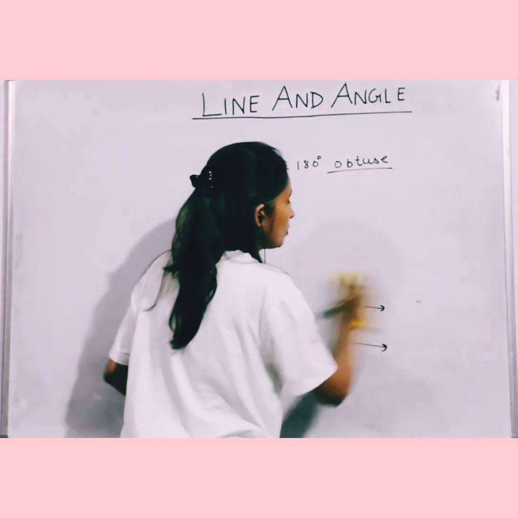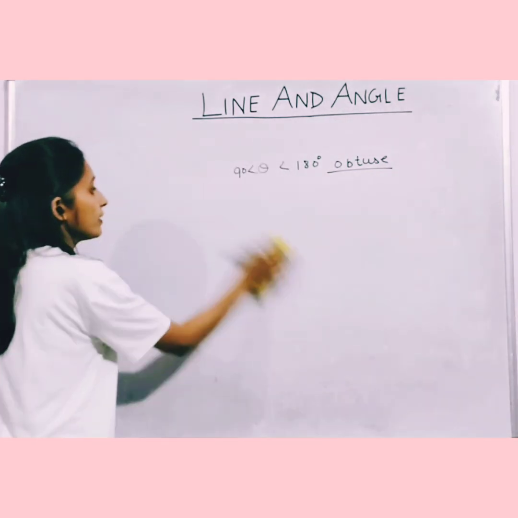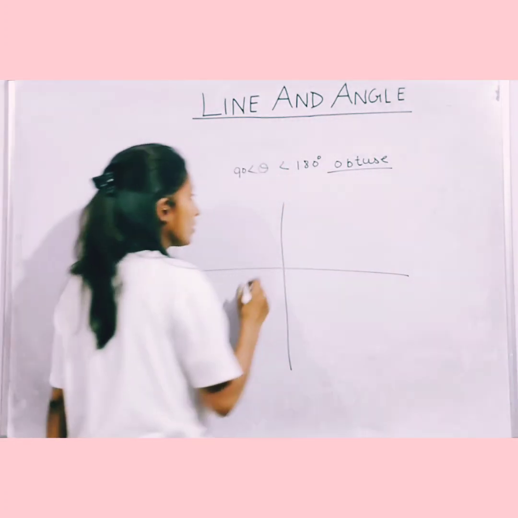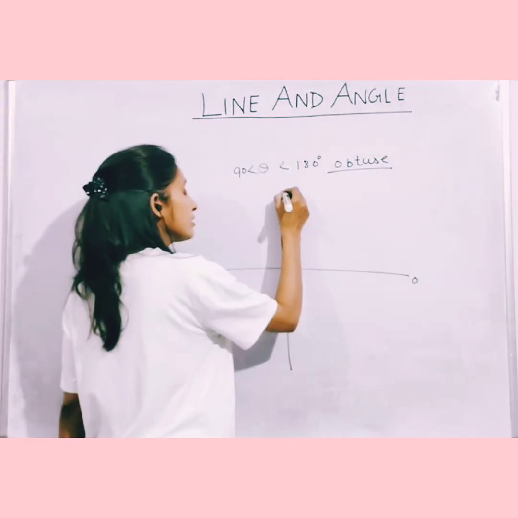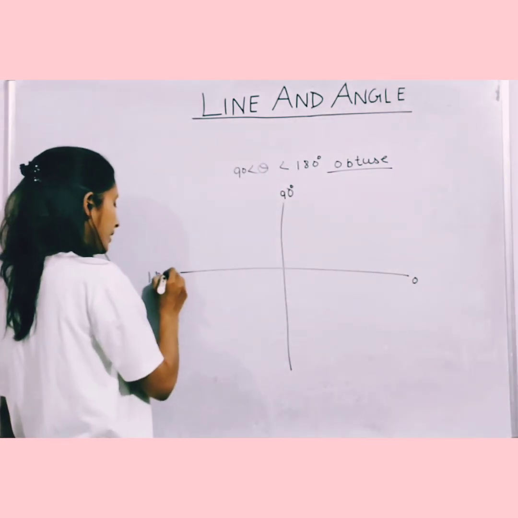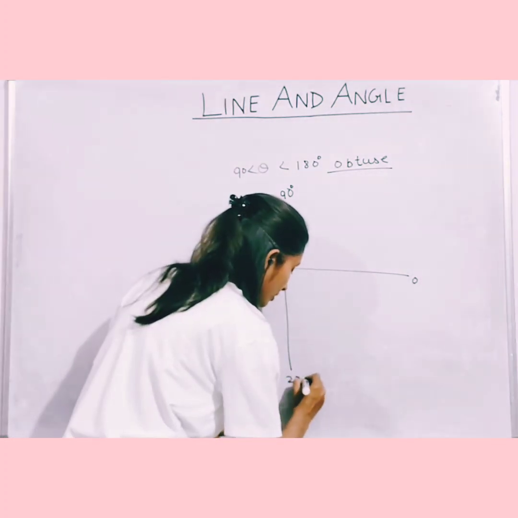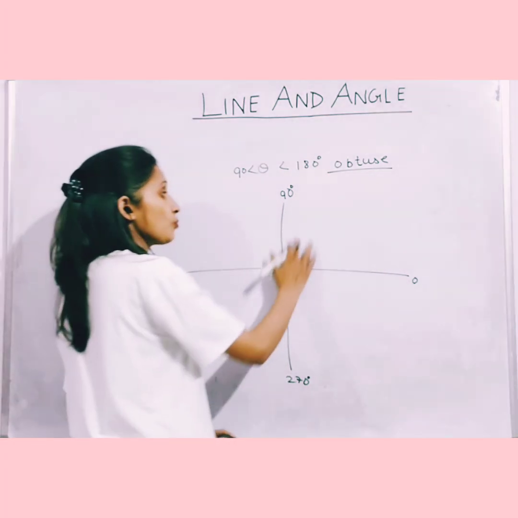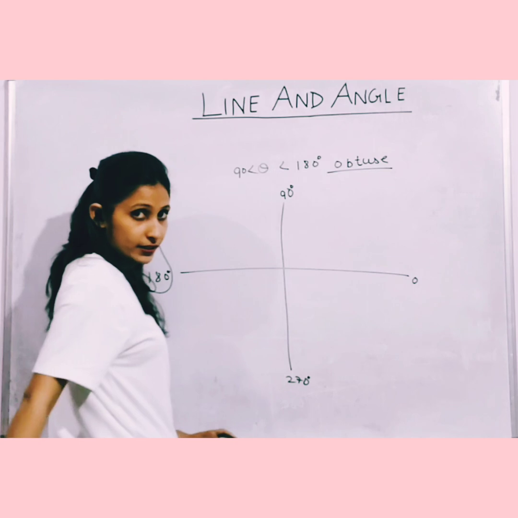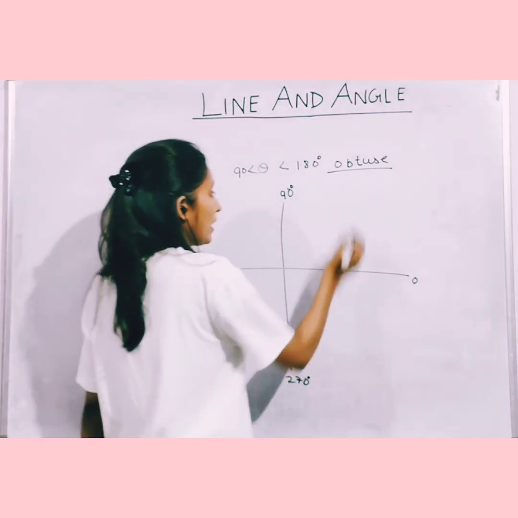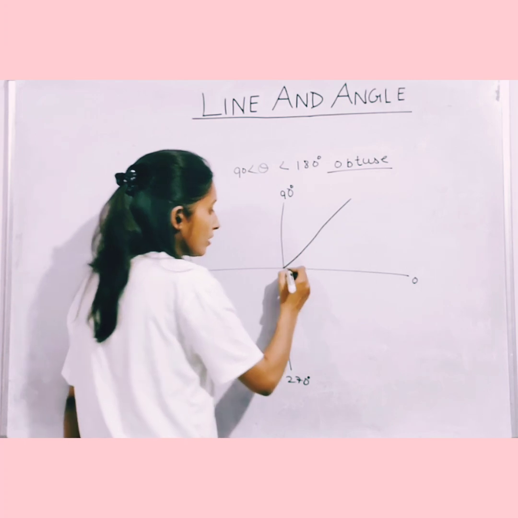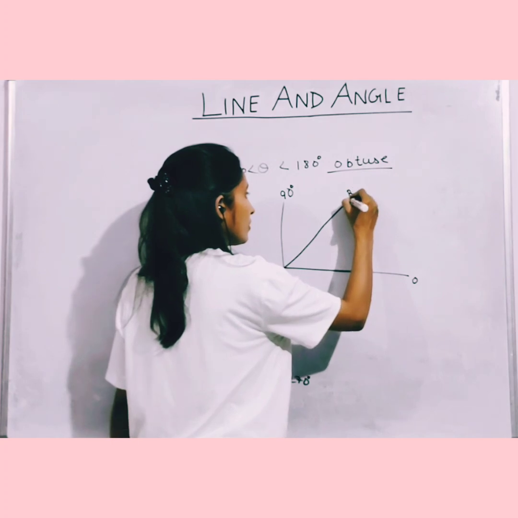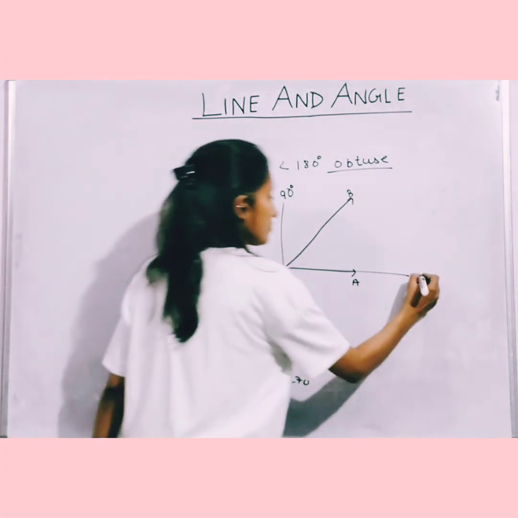I am going to summarize all types of angles in a Cartesian plane. Suppose this is our Cartesian plane. Okay, this is our 0 degree, this is our 90 degree, this is our 180 degree, and this is our 270 degree, right? This is our positive x-axis, negative x-axis, positive y-axis, negative y-axis. Suppose an angle is formed in this region with the ray OA, and this is our ray OB.